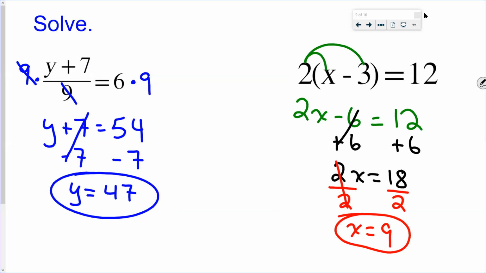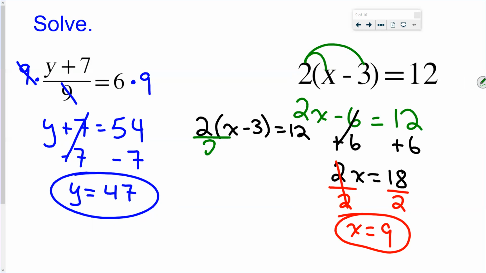The other way you could solve this is I'm going to rewrite this problem. The other way we can solve this, if you remember, distribution means multiplication. So what is the opposite of multiplication? The opposite of multiplication is division.